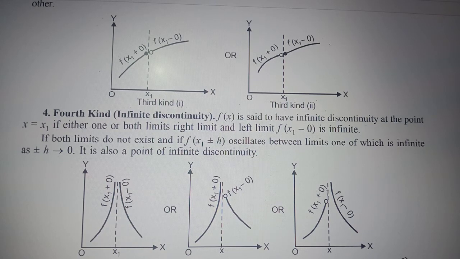If both limits do not exist and f(x1 plus or minus h) oscillates between limits, one of which is infinite, as h tends to 0, it is also a point of infinite discontinuity. So here the left or right limits, or both, are infinite.